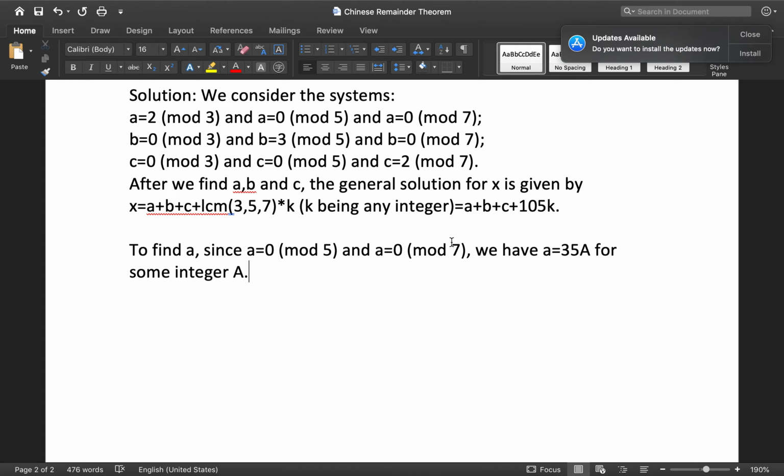So a must be a multiple of 35, which is a multiple of both 5 and 7, for some integer capital A. Now, once you get it, you put it into the first equation. Therefore, we have 35 capital A congruent to 2 modulo 3.